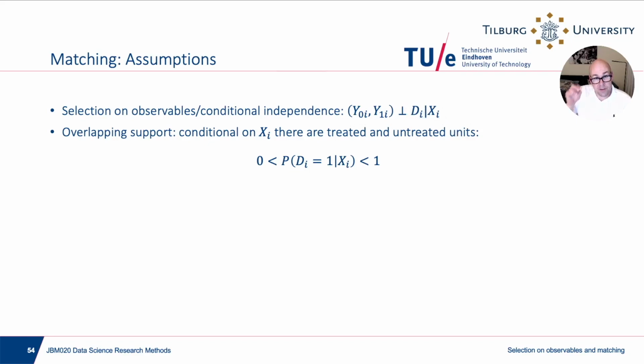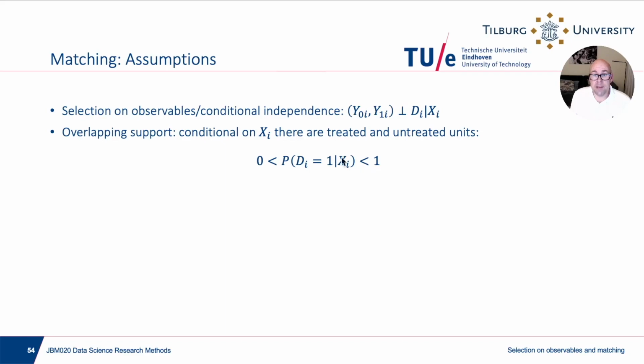There's actually a second condition that is important in this context, and that is called common support or overlapping support. What does support mean? Support is the set of values a random variable can take on. And here what it means is that for a given x, given that i is in a particular group, the probability that i is actually treated is not 0 and is not 1.